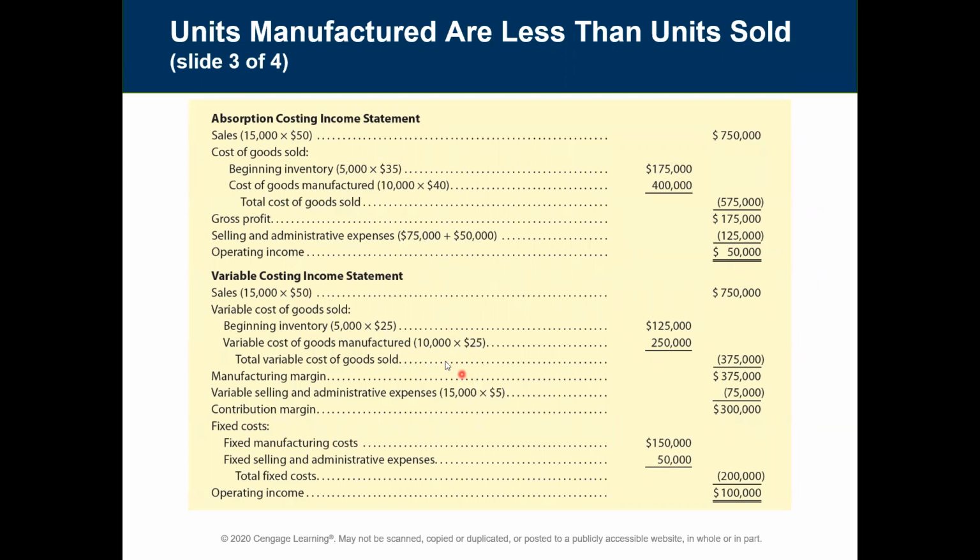Under variable costing, the inventory only includes the variable costs, and the fixed costs we see here are only from this period, rather than carrying forward from the earlier period on the balance sheet. And so operating income under variable costing is $100,000. Under absorption costing, it was only $50,000. $100,000 actually better represents what happened this period. We're rewarding our managers.